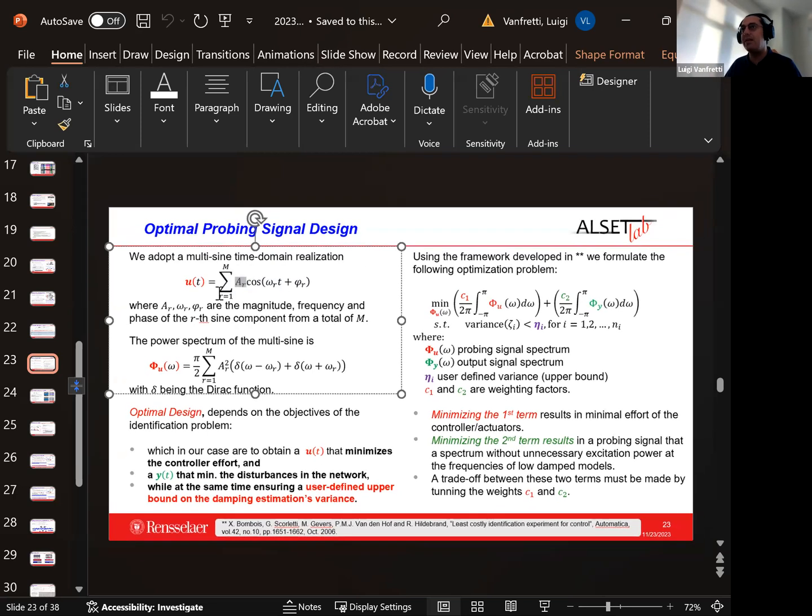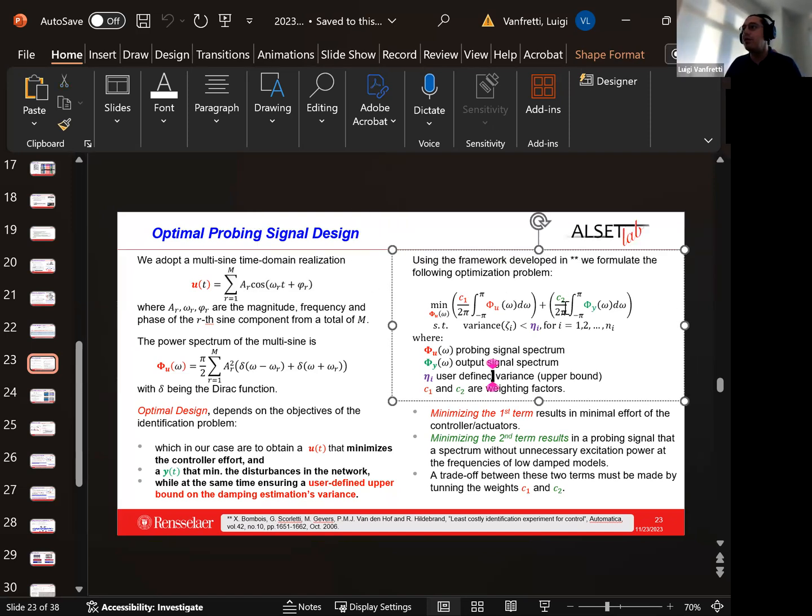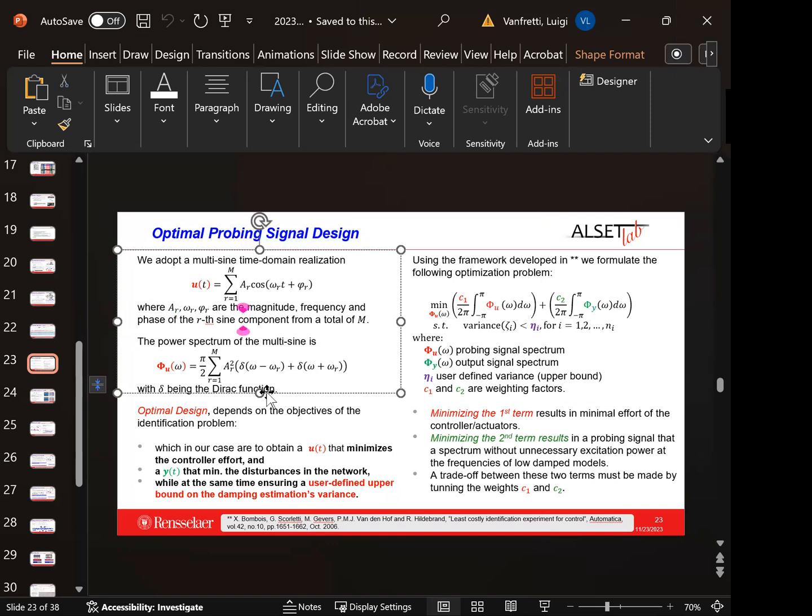We have pre-selected it as this equation, and then we have created a grid of values of frequencies: 0.0, 0.001, 0.002, etc. Now in the optimization problem, if you put C2 equal to 0, then the problem is only going to find these coefficients AR by the optimization, only considering the spectrum of the input.